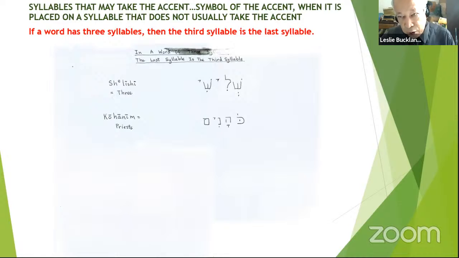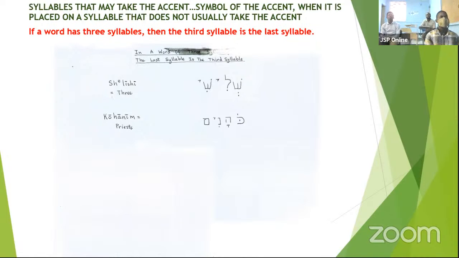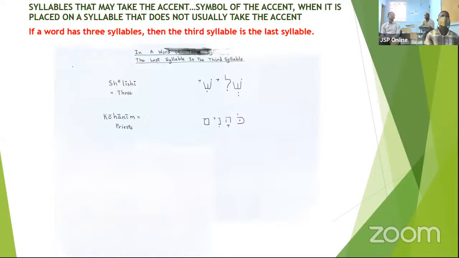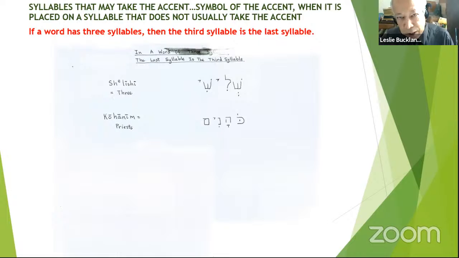So if in a word you have four syllables, what would be the last syllable? The fourth one. In a word that has three syllables, what would be the last syllable? The third one, sir. That's right. In a word that has two syllables, what would be the last one? The second one. That is correct. So that is the way I think you have to learn it.